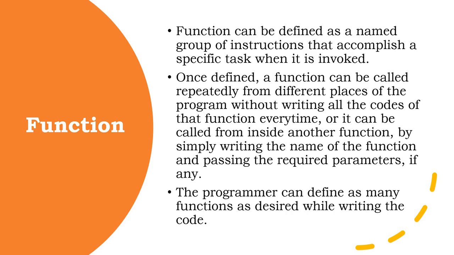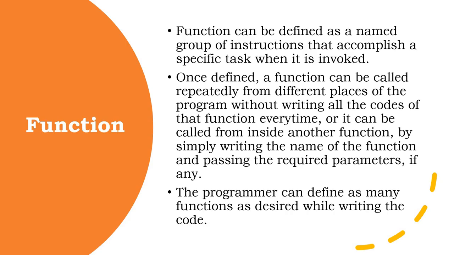If you say, sir, to repeat the execution of these statements simply use loops, as we studied in yesterday's session. But here we want to execute those statements for a specific task while handling different values. For example, if you write code for adding two numbers, the first time you may want to add 2 and 3, the second time 10 and 5.